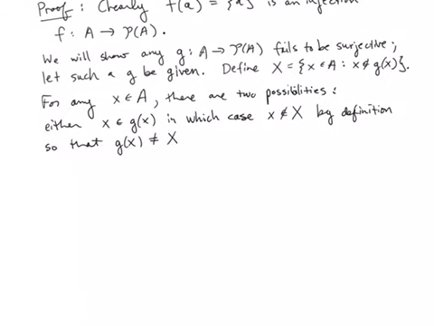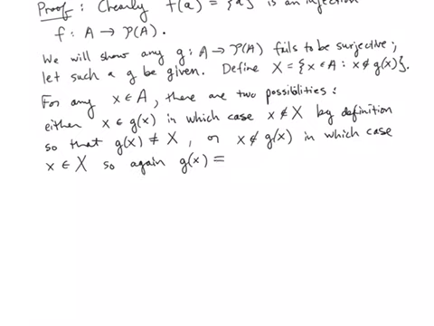So the capital X is not G of that little x. Or x is not in G of x, in which case little x is in big X. So again, G of little x cannot be equal to big X, right? So thus, X is not equal to G of x for any x. And so G is not surjective.